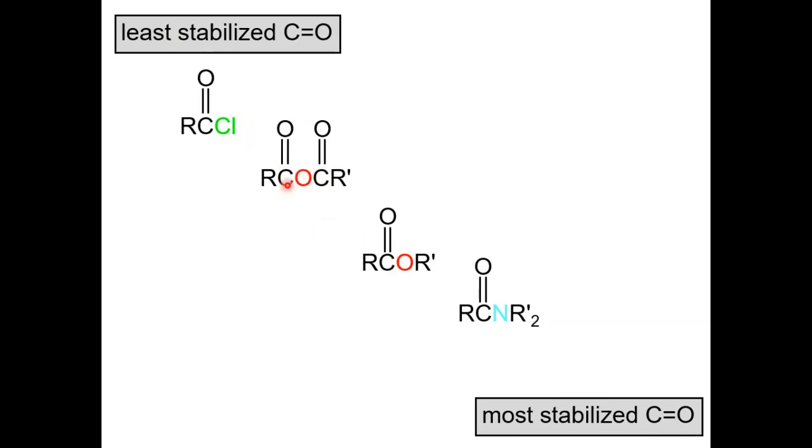So the chlorine cannot stabilize the acid chloride to the same extent as an oxygen atom. Then between acid anhydride and ester, the difference is that in an acid anhydride, two carbonyl groups have to share one electron-donating oxygen atom. In an ester, it doesn't have to share. And the difference between amide and ester is that nitrogen is less electronegative than oxygen.